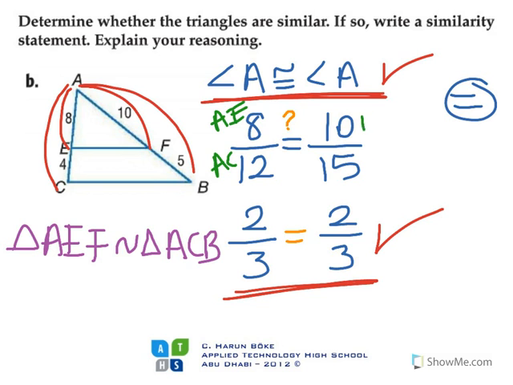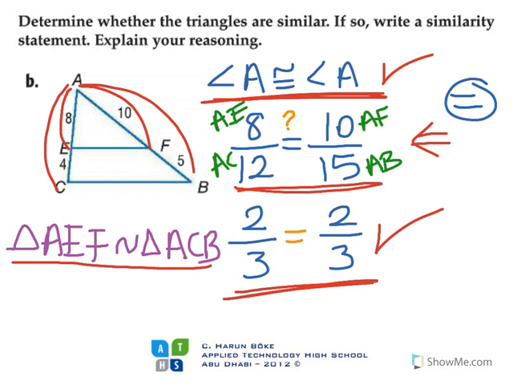Here you write 10, it is AF. Here you write 15, which is AB. So you have to check if your similarity statement here corresponds with the proportion here. Because in the other case, if they don't coincide, then your similarity statement is wrong. Because you have to write it so that you get this proportion.